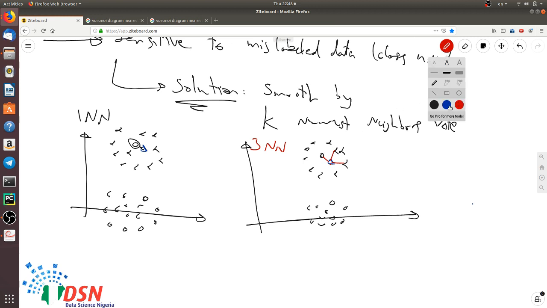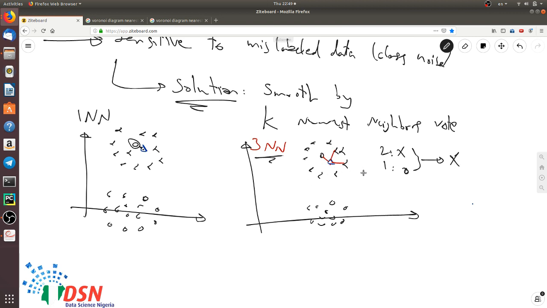Now we vote between the output labels. For the output labels, 2 of them belong to this class, and 1 of them belongs to this class. So after voting, the predicted class, if we use 3 nearest neighbors, is this X class, which is the right one.